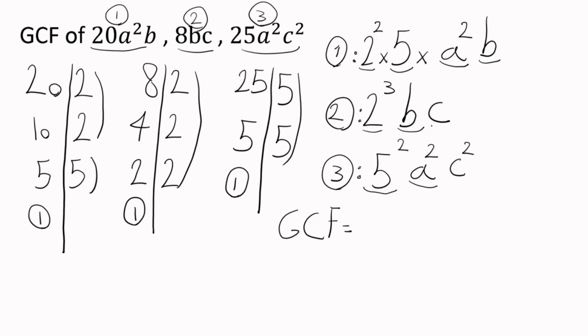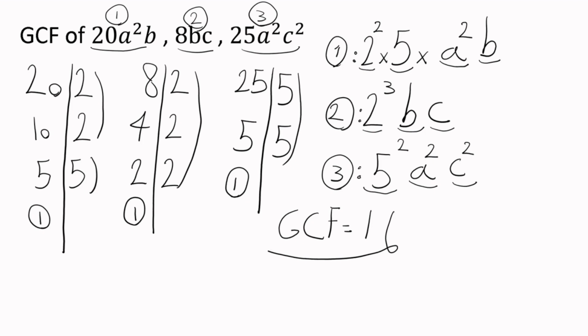I have c in the second term and in the last term. Do I have any c in the first term? No, so it is not common between all of them, so I should not consider that. As you can see, I cannot find any common factors between all of the terms, so GCF will be equal to 1, and this is the correct answer of this example.